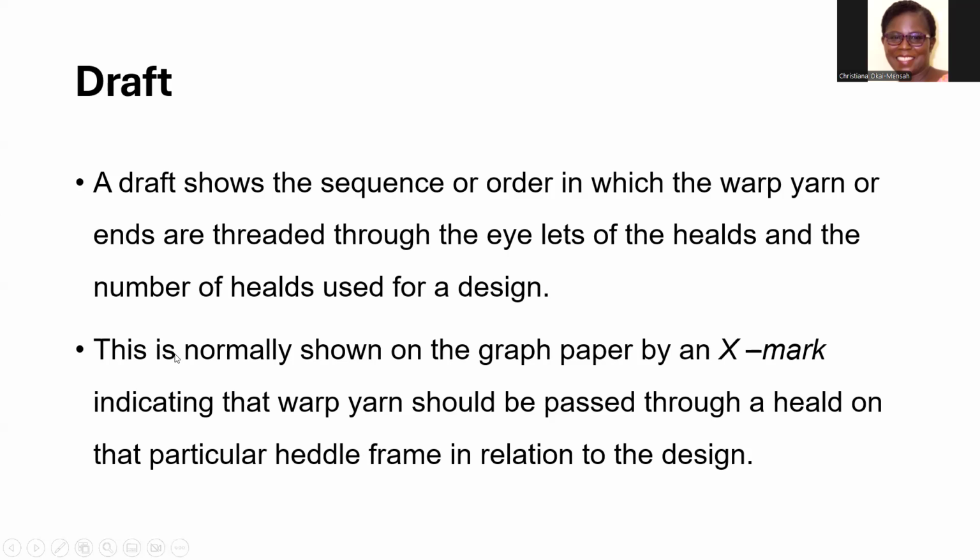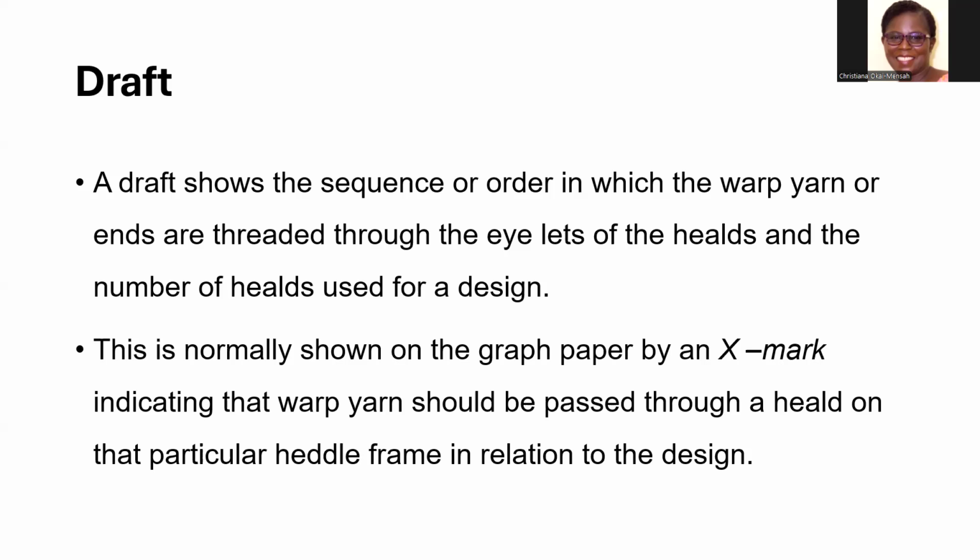So this is normally shown on the graph paper by an X mark, indicating that the warp yarn should be passed through a heddle on that particular heddle frame in relation to the design, as I've already explained up there.